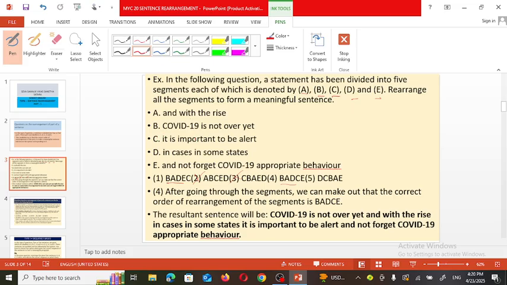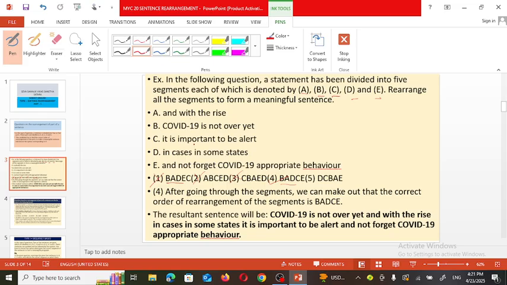COVID-19 is not yet over, and with the rise, in case in some state, and not forget. So in some state, after that E won't be there. So the first option we cannot consider. Now only this fourth option remains.